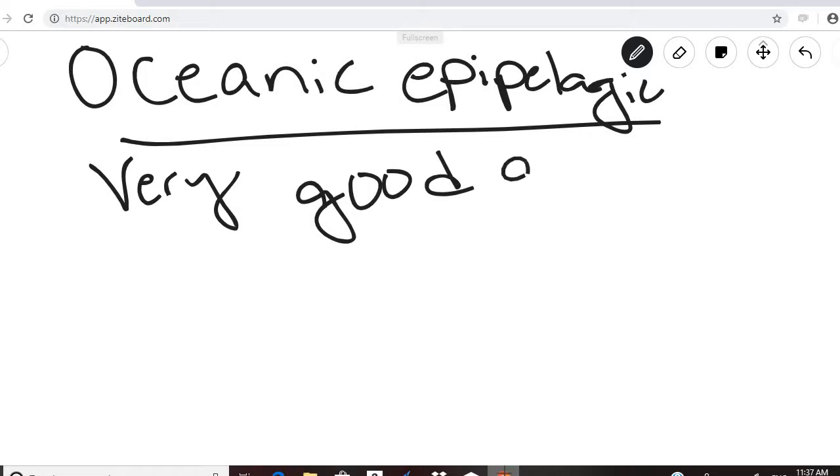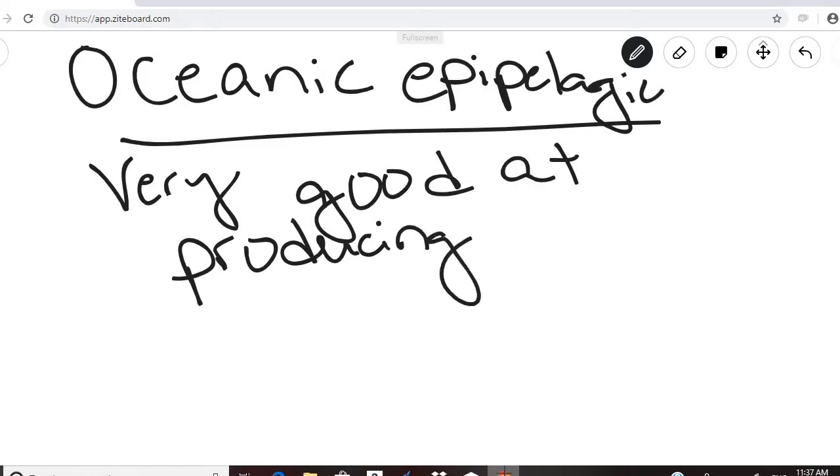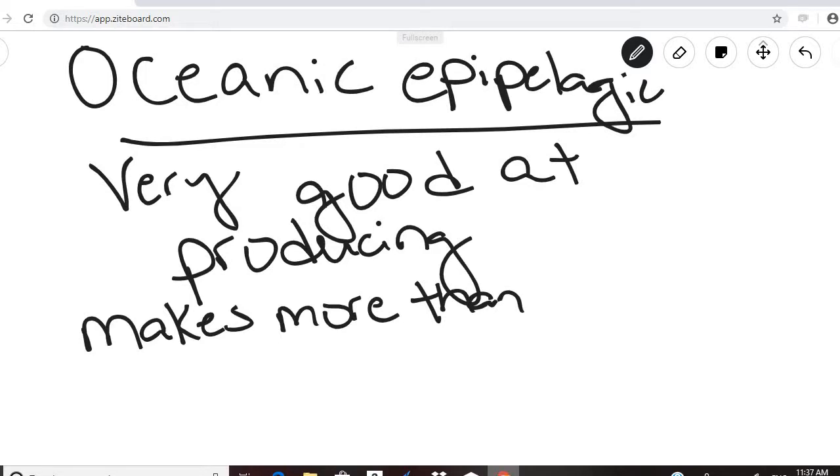This area is very good at producing. And in fact, this area is so good at producing that it makes more than the organisms that live there can use, and so it can supply other areas as well. So it makes more than organisms living here can use.